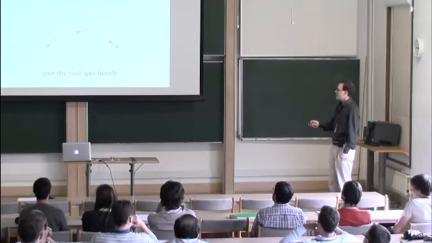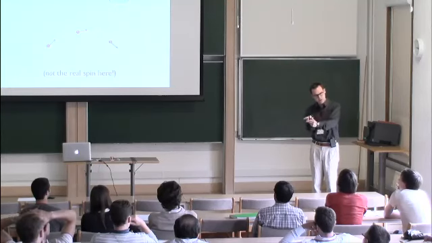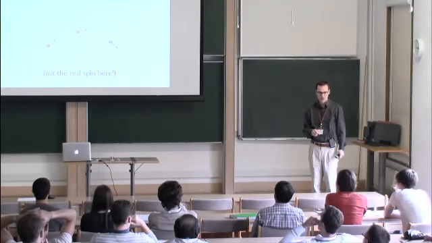But once this has been said, it really behaves like the real spin of a real electron when there is spin-orbit coupling, when the orbital motion influences the spin of the electron. And so this is the extreme case where the influence of the orbital motion on the spin is so strong that the spin is always forced to point into the same direction as the orbital motion.